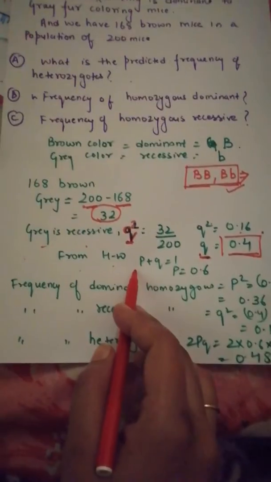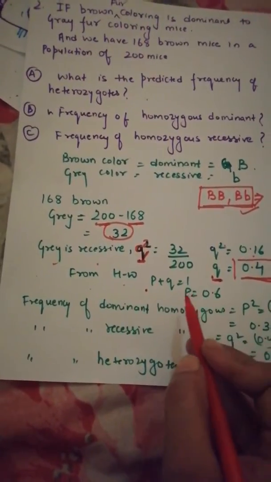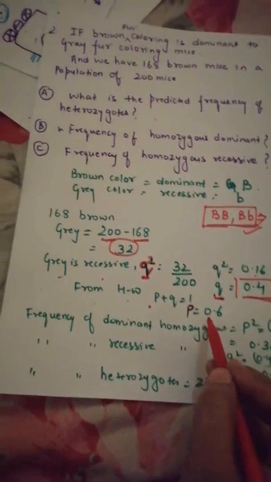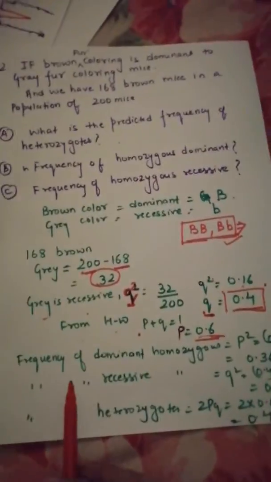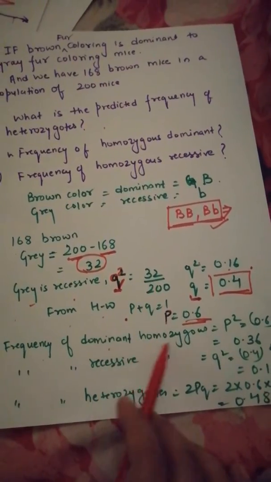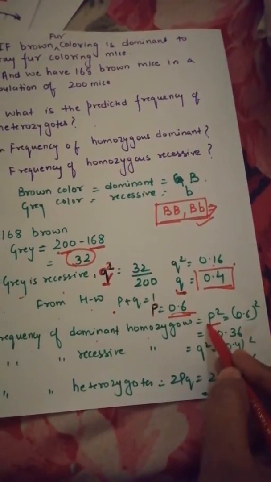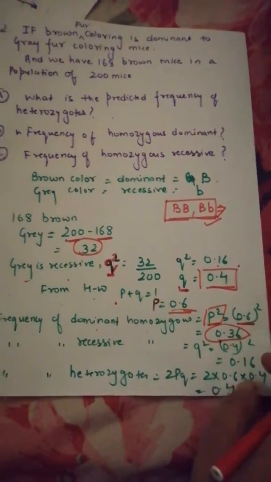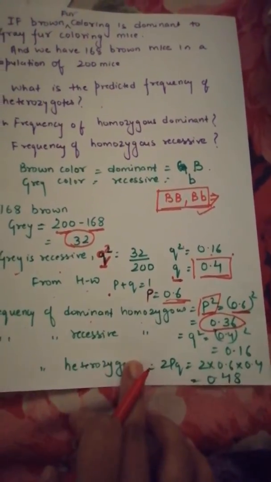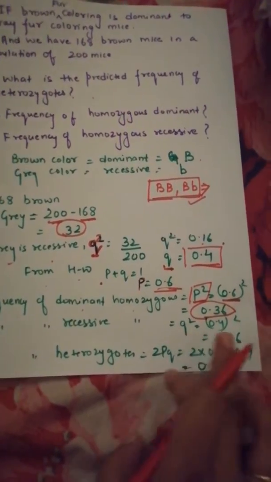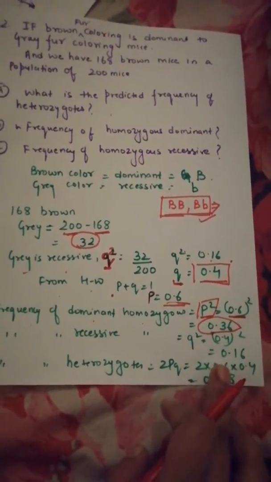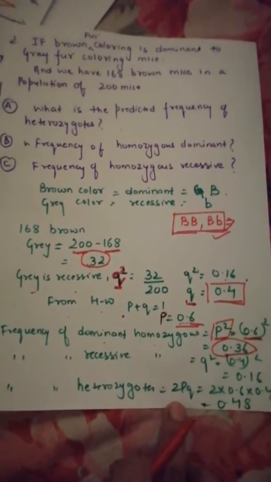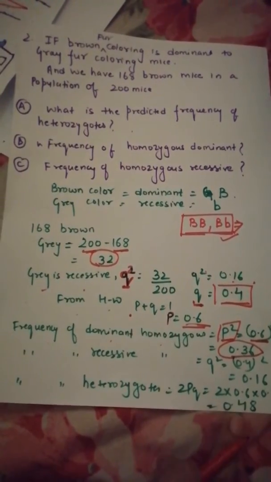From Hardy-Weinberg equilibrium we can calculate p, the frequency of the dominant allele, which is equal to 0.6. The frequency of dominant homozygous is equal to p squared, which is 0.6 squared, equal to 0.36. And the frequency of recessive homozygous is equal to q squared, which is 0.4 squared, equal to 0.16. And the frequency of heterozygotes is equal to 2pq, that is 0.48.